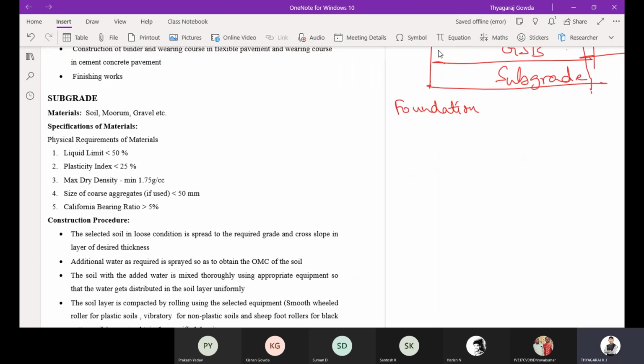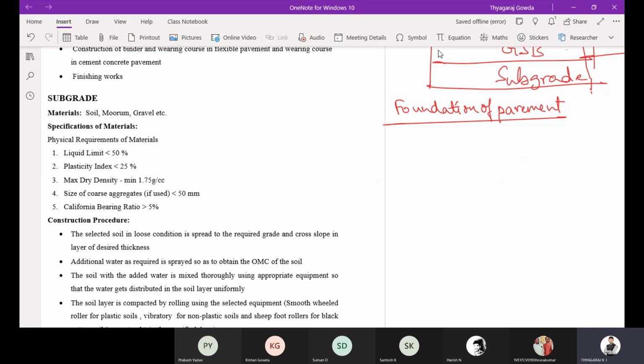In the subgrade, we know that all the stresses from the top layer will be transmitted to the subgrade, and from the subgrade the stresses will be transmitted to the natural ground. So first we have to see how we are going to construct this subgrade, what are all the materials we are going to use and what are all the material specifications.